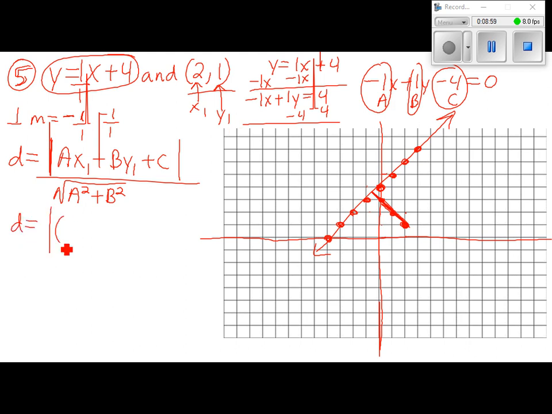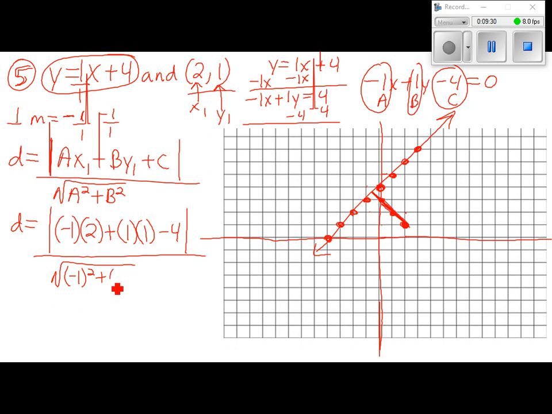So A is negative 1, x1 is 2, plus B is 1, y1 is 1, and C is negative 4. All that over the square root of A squared. A was negative 1, so negative 1 squared, plus B was 1, so 1 squared.